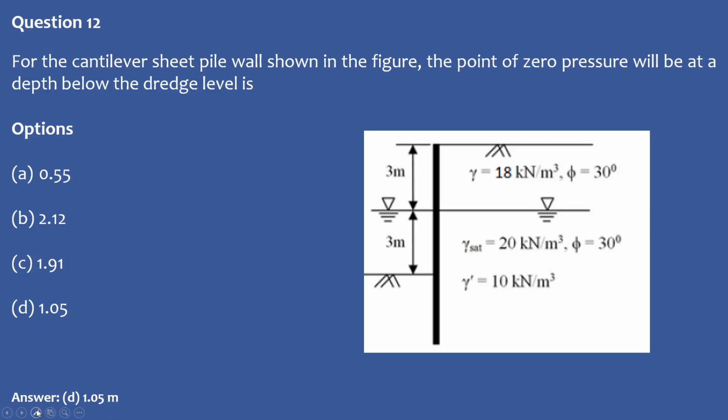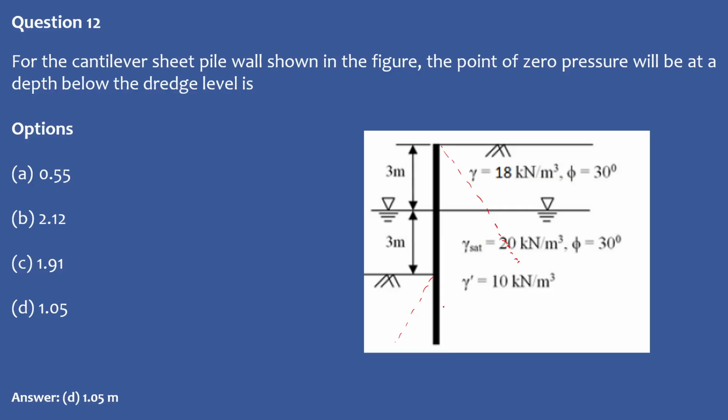The basic idea behind solving these questions is, let's say you have the sheet pile wall, which is subjected to certain passive pressure, and you will have a certain pressure from this side.